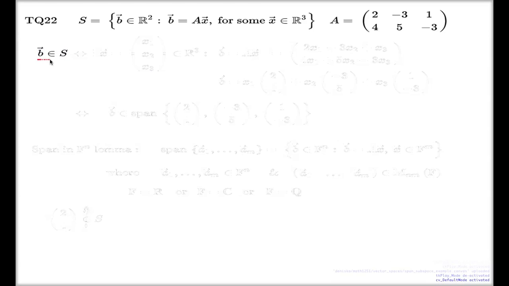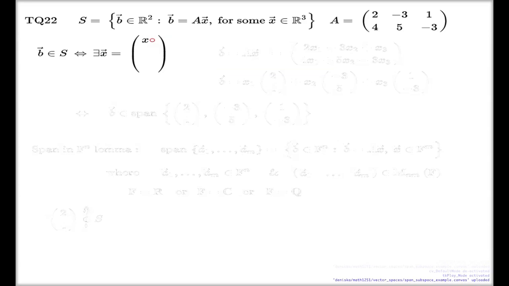I take a vector B from this S. Here's what I just said to you verbally, here's the writing of this. Vector B in this subset S. I'm using the term subset because we haven't proved that it is a subspace yet, but we will in a second.